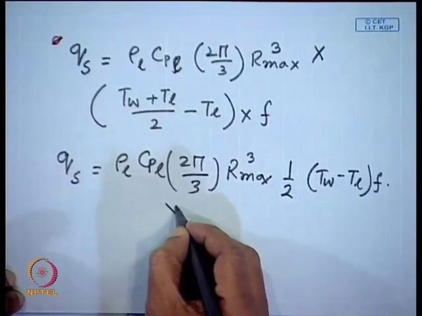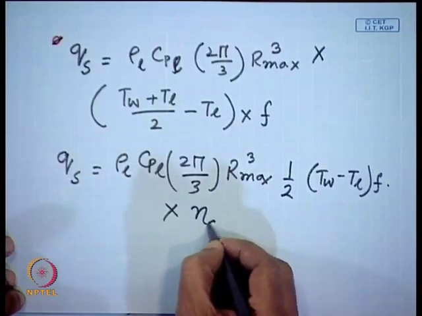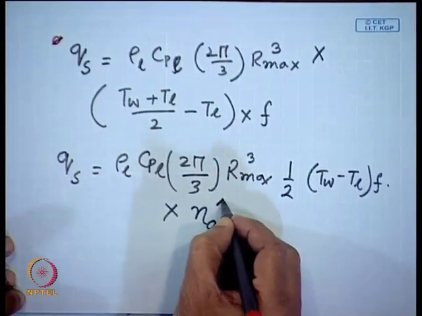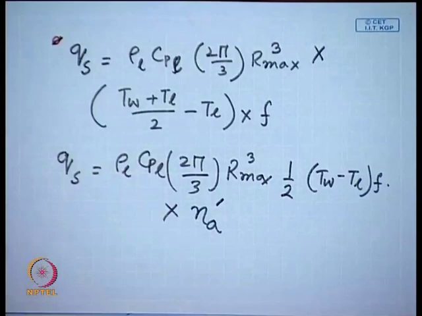So, with some sort of a factor like that, we can multiply to get it over the entire surface, N A dash, that gives us the density of the nucleation site. So, with this then we will have an estimate of the heat flux due to boiling.